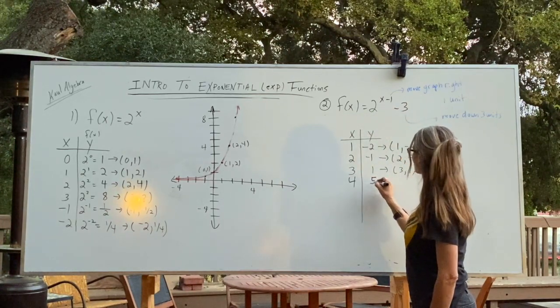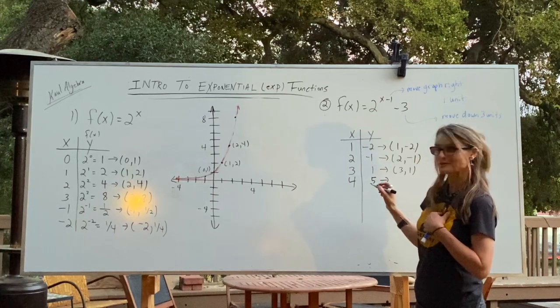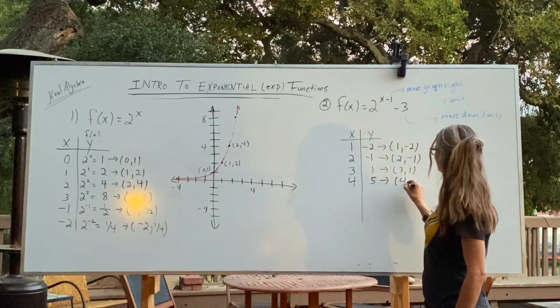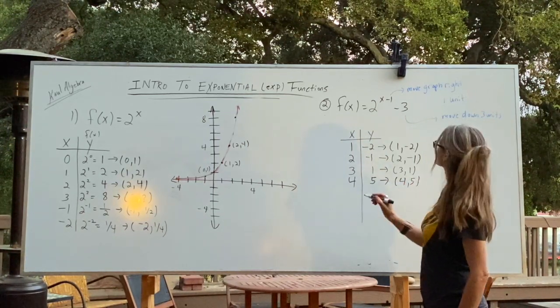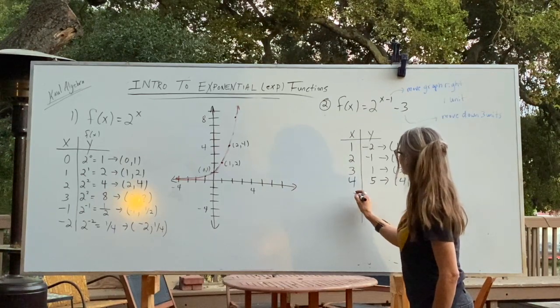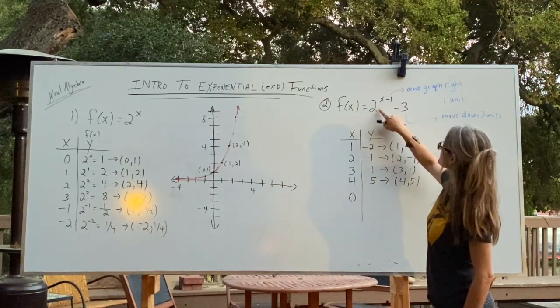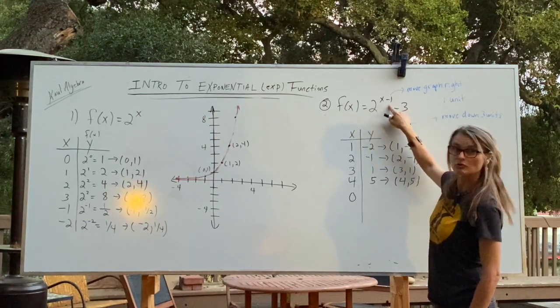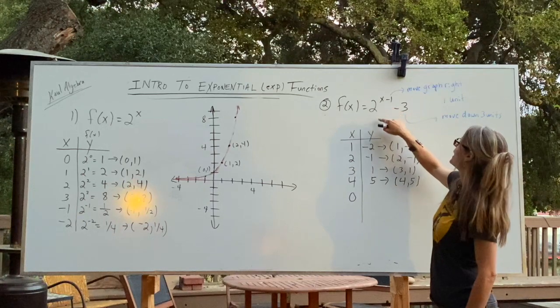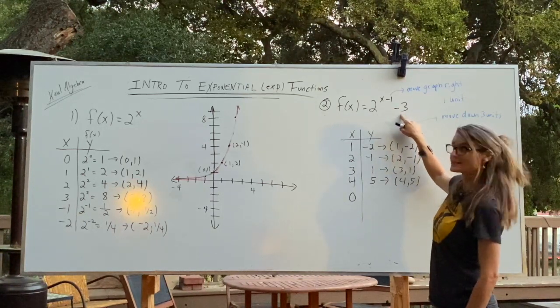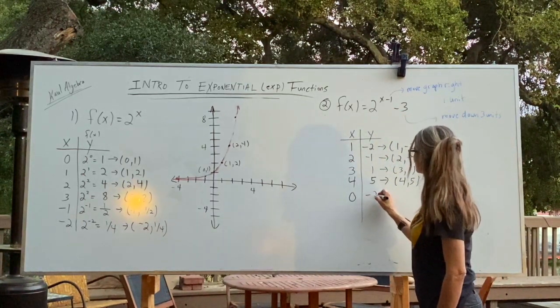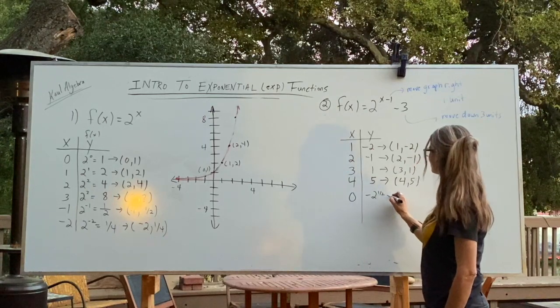That gives me a 5, so I get the ordered pair 4, 5. Okay, and then I'm going to try a 0, and 2 to the 0 minus 1 power is 2 to the negative 1, which is half, and then I get 1/2 minus 3, so I get minus 2 1/2. This is where it gets a little messy.